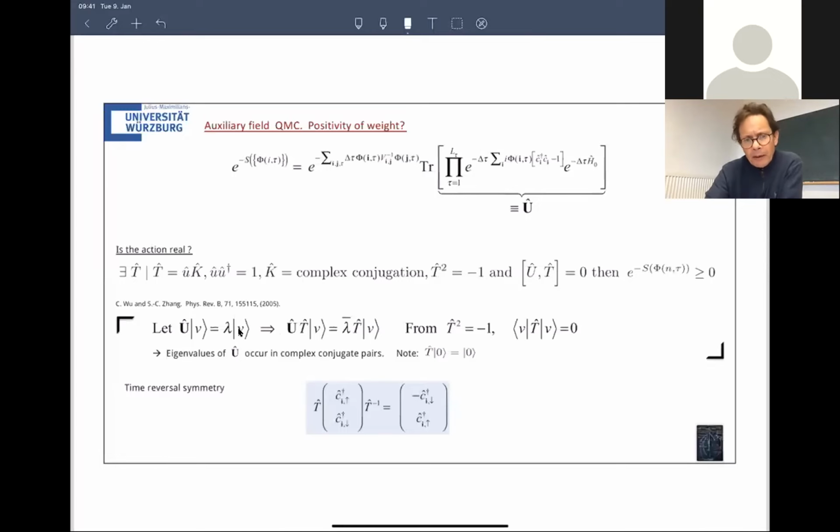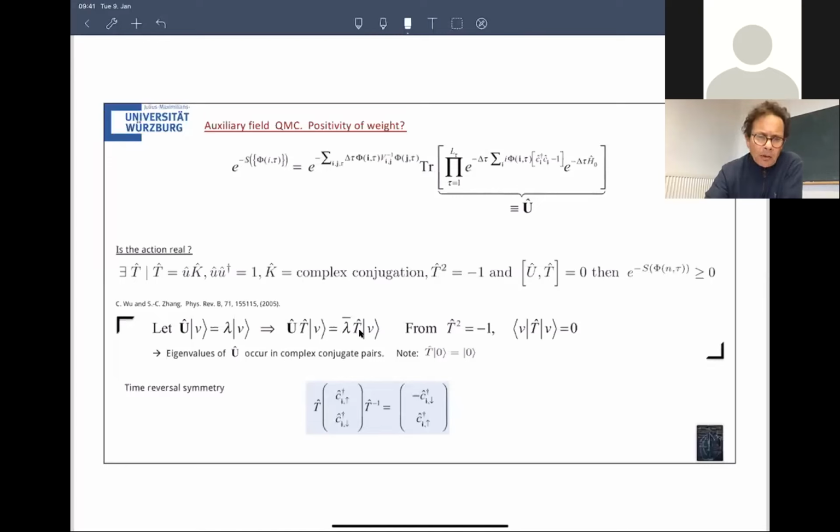Now, because T commutes with U, I can multiply on both sides by T. And because T is anti-unitary, if I commute T and lambda, I get a lambda complex conjugate. So what it means is that if I have an eigenvalue lambda, then I have another vector, T of nu, the time reversal of nu, which has eigenvalue lambda bar.